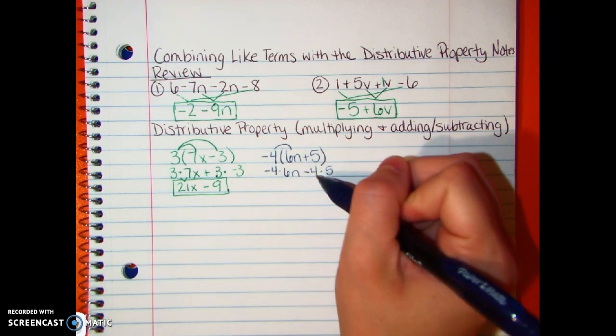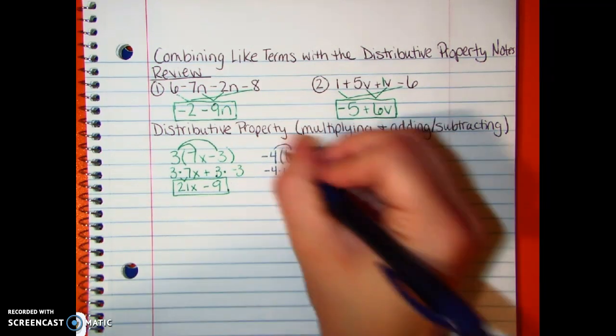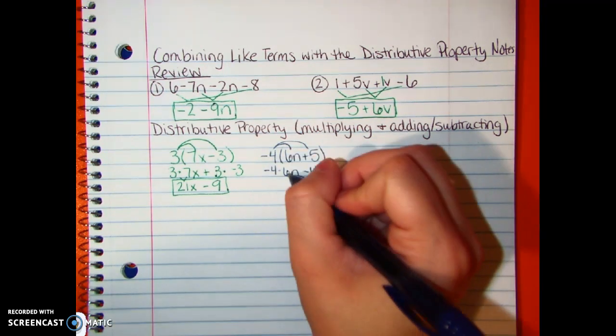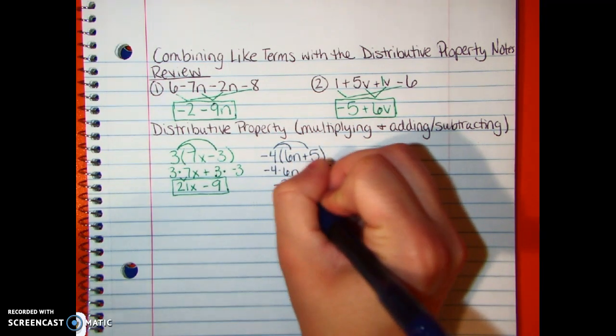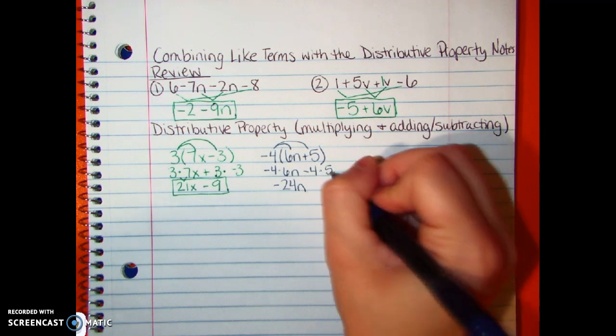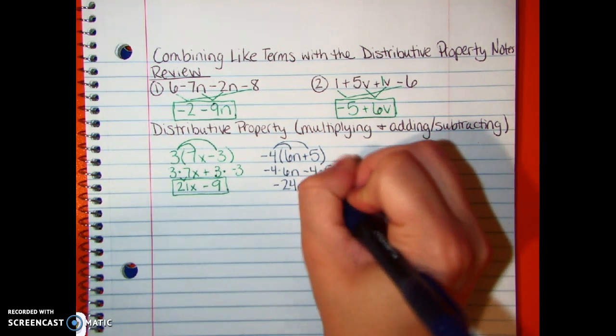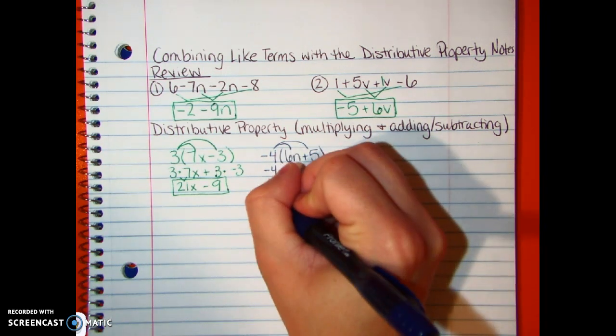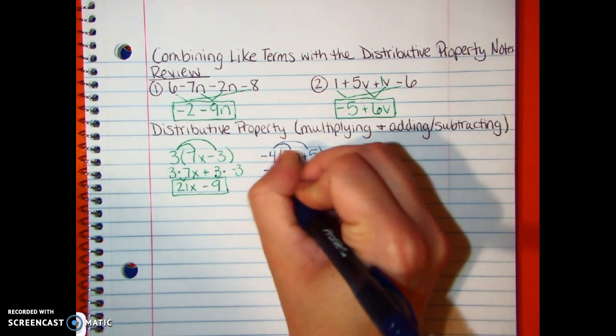And I'm okay if you skip this step. If you're good with the distributive property, you can go ahead and go right to the answer. Negative 4 times 6n is negative 24n. Negative 4 times 5 is minus 20.